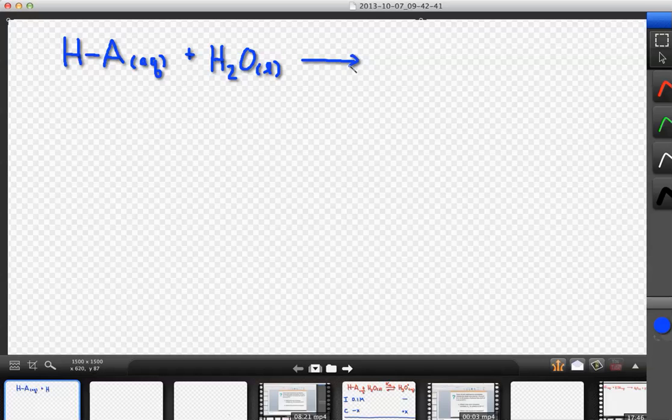And we will produce, albeit reversibly, in a process that's governed by the Ka of phenol, hydronium ion, H3O plus, and the conjugate base of phenol, which I'm going to render as A minus, but more properly it is called phenoxide.